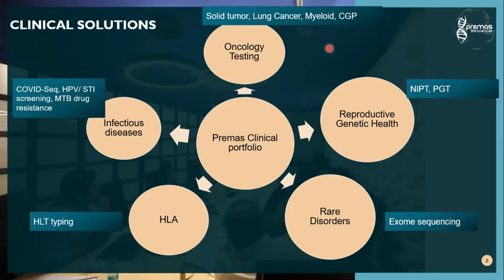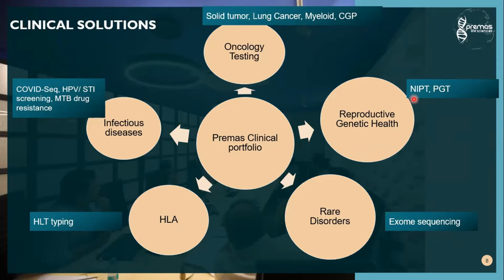Reproductive genetic health is another example where NGS is extensively utilized, for NIPT and PGT. These are two common examples. If you know, NIPT is non-invasive prenatal testing, which is basically done on a pregnant lady around the 10th week of pregnancy to know the genetic makeup of the growing fetus.